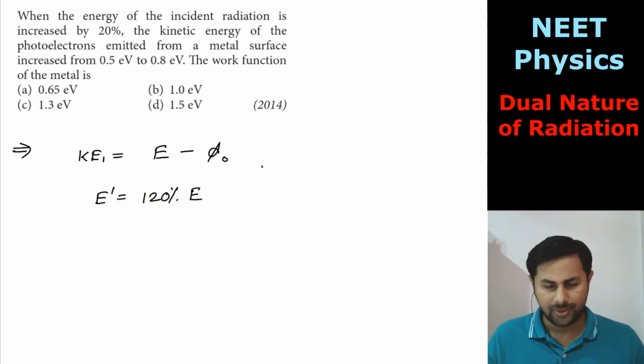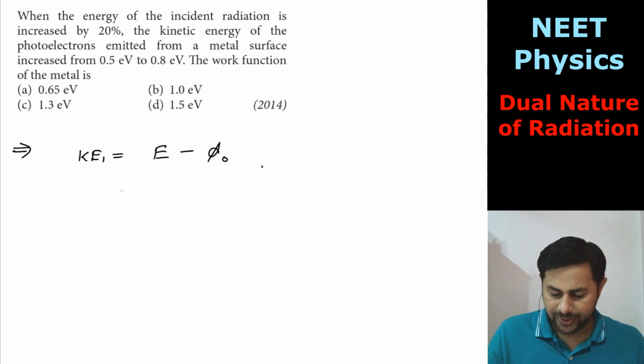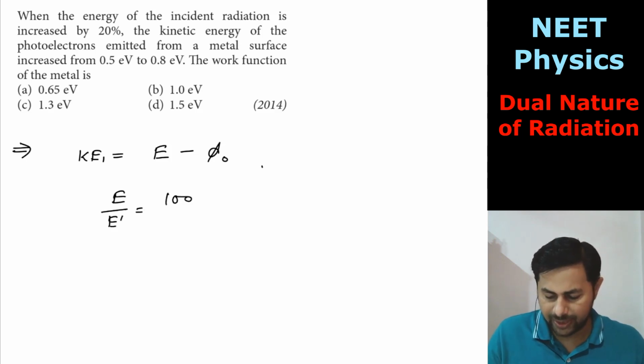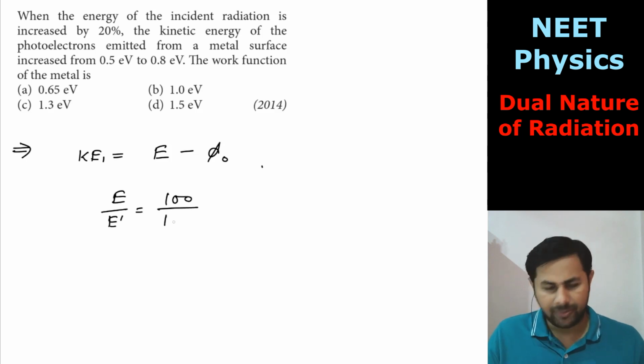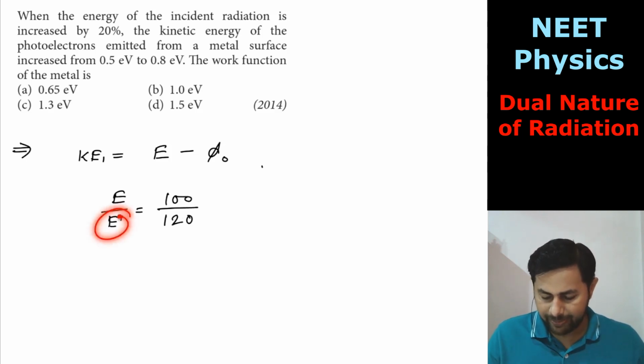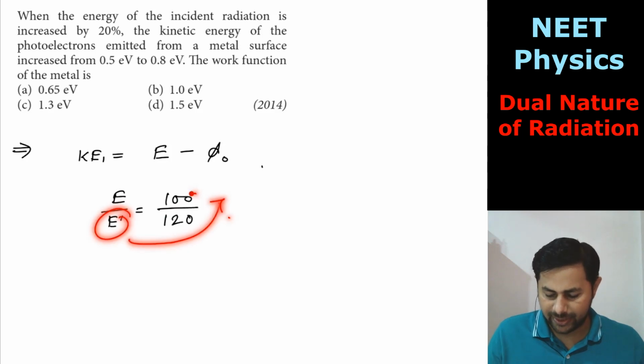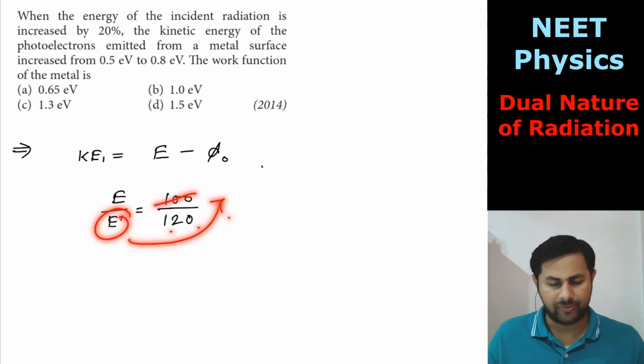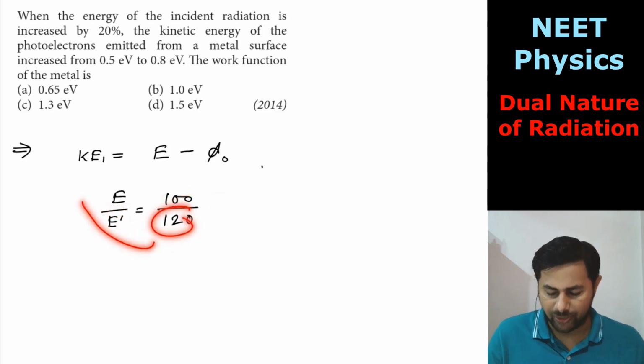Or what I can say is E by E prime would be equal to 100 divided by 120, and if you solve this, take E prime on this side and divide the denominator by 100, it becomes 1.2.